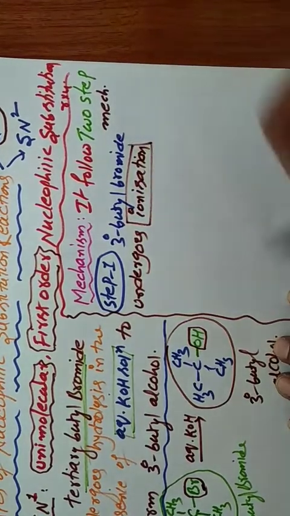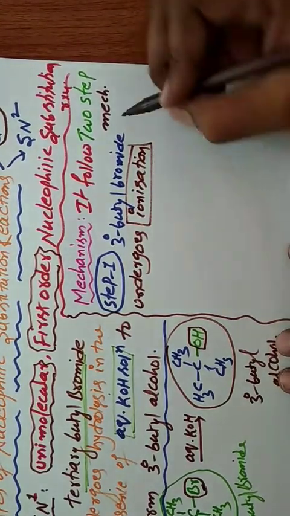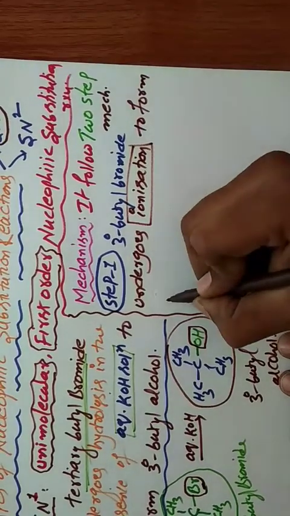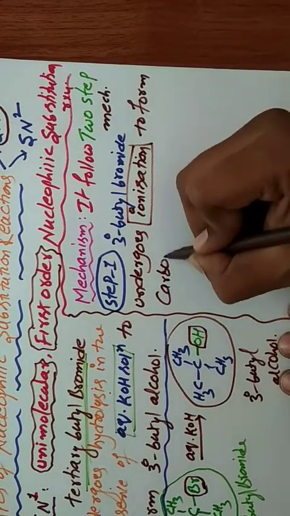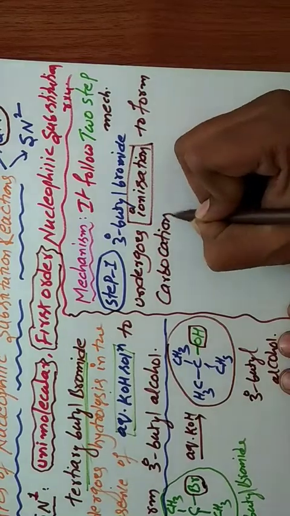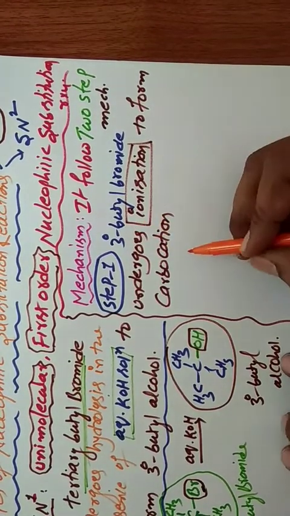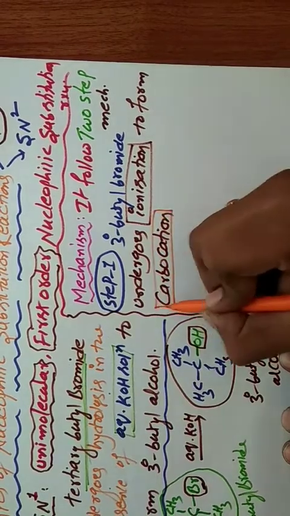This one is very, very important. It undergoes ionization to form a carbocation. So in the first step, what is the formation?